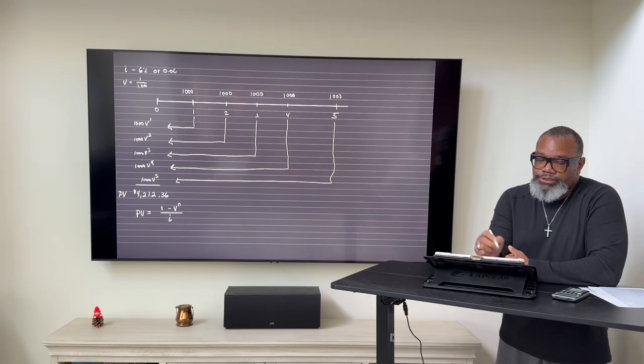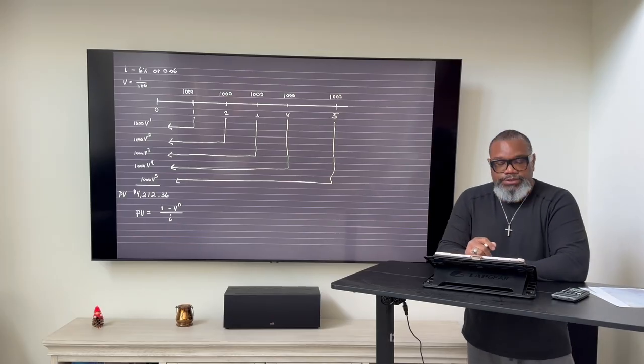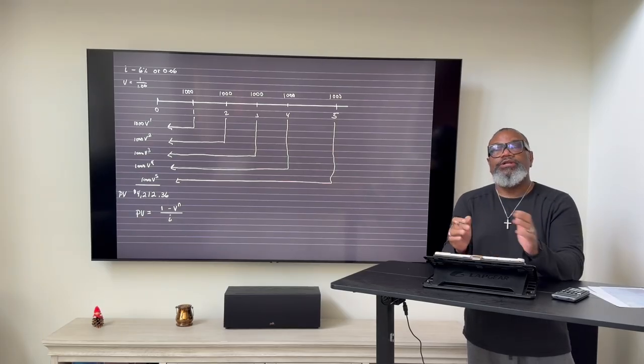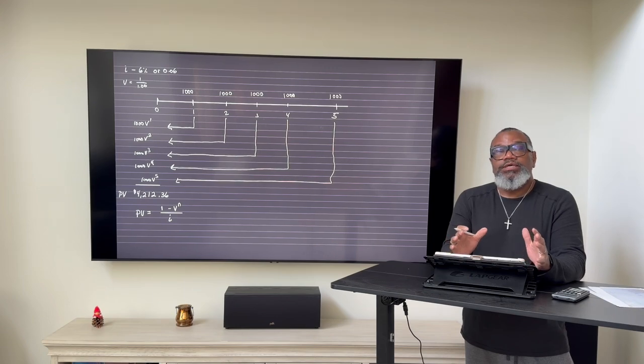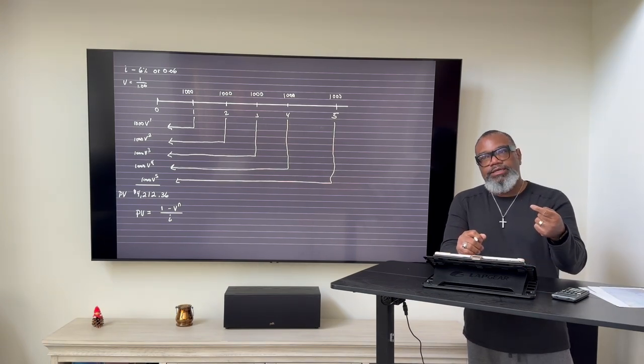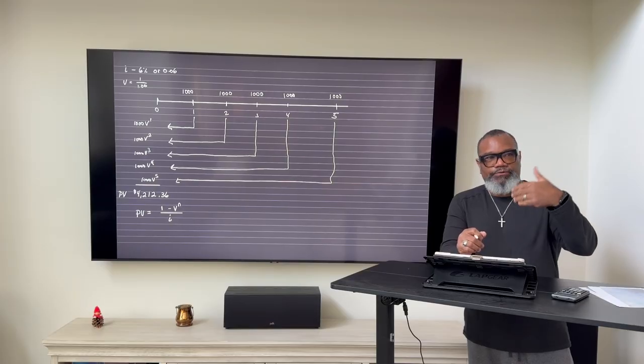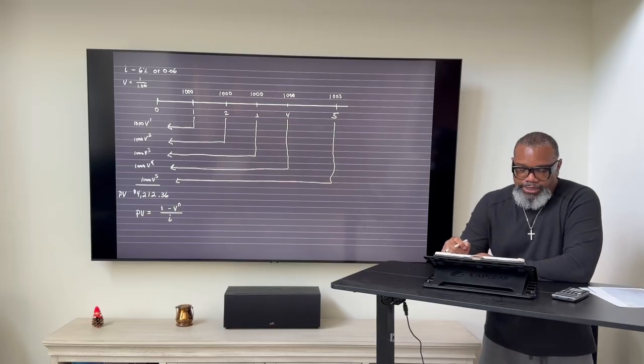So that's how you would write it. Now, keep in mind that V here is going to be a number that's between 0 and 1. And when you raise a number between 0 and 1 to higher and higher powers, that number is going to get smaller and smaller, right?